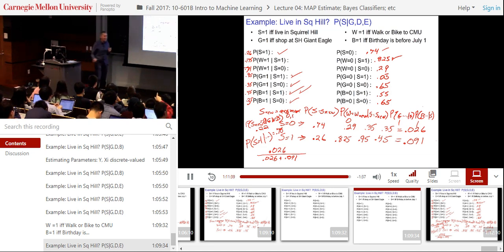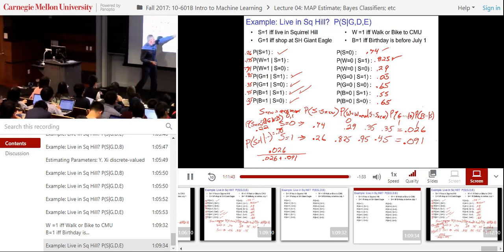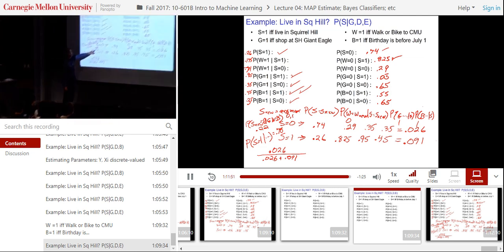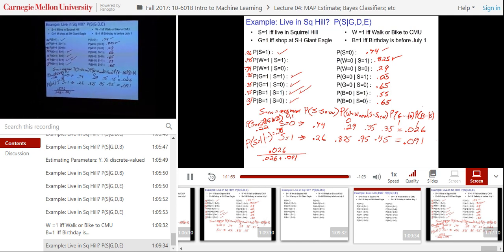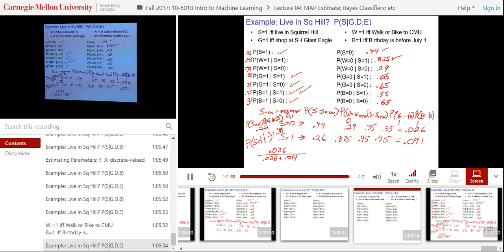Okay, now, according to our naive Bayes classifier, not only is it more probable that S equals 1, but the probability is 0.78. And 1 minus that is the probability that S equals 0. And the answer is, yay, all right.